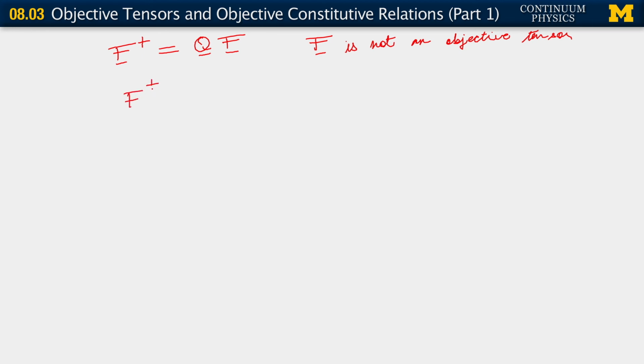If we were to write this in coordinate notation, we would have Q little i J, F J capital I. What is happening is that the index J, which lived in the current configuration omega t, is being transformed by that further rigid motion on the current configuration to index i. The index capital I, which lived on the reference configuration, sees no changes, so that remains unchanged, and therefore we do not have a Q transpose right multiplying this whole thing.